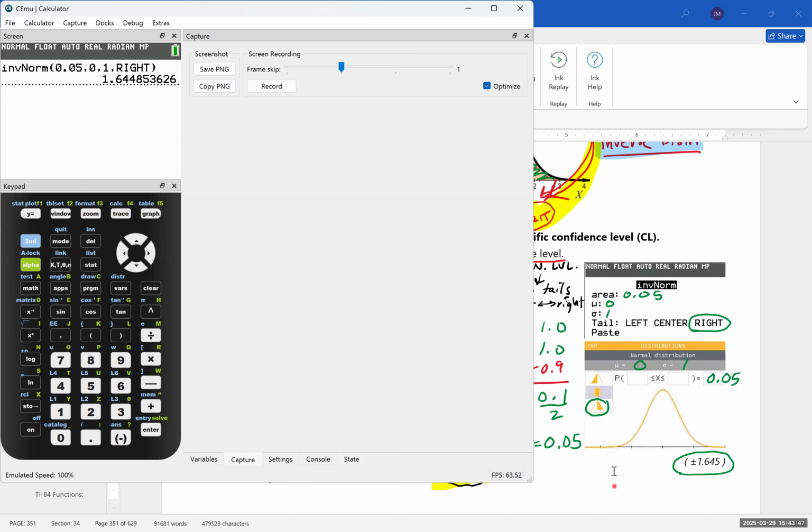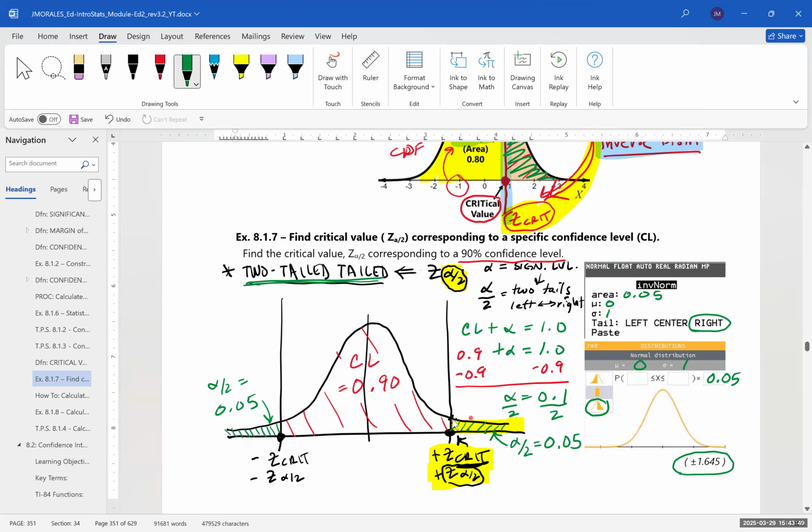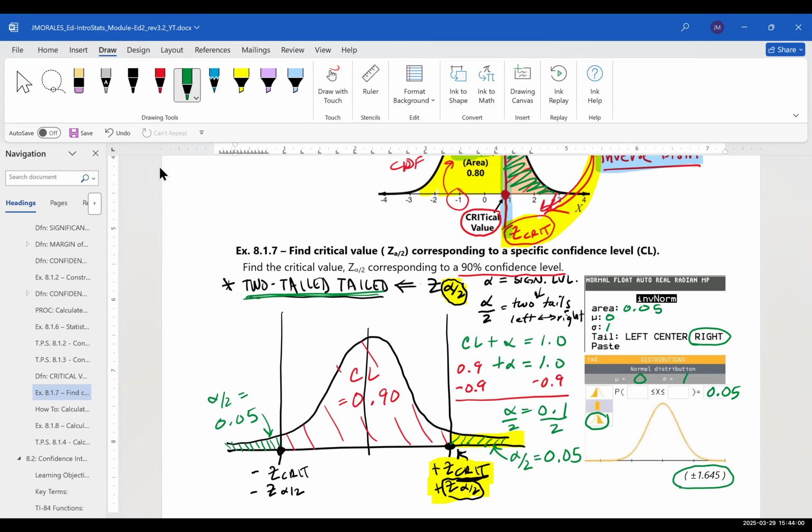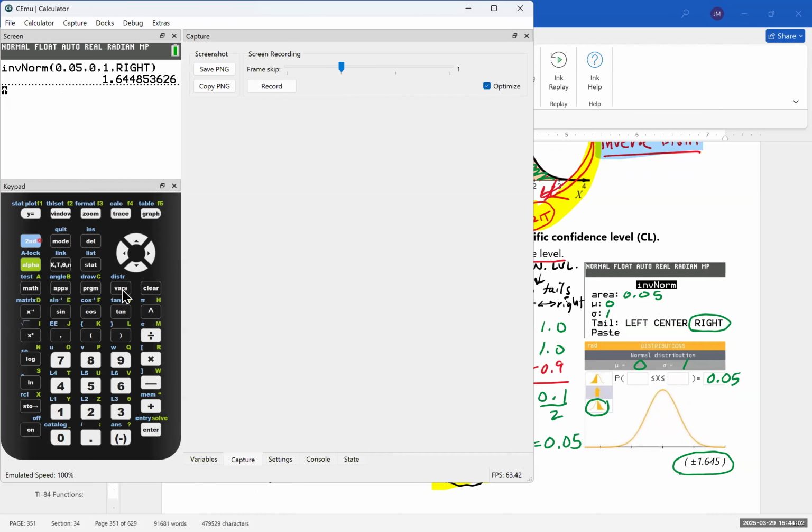Now, if instead of calculating the z-score on the right, I calculate the z-score on the left, it's going to be the same number, but it's going to be negative. Okay, so let me show you that. Let me do inverse norm. We're going to put in the same area, but we want the area to be on the left.